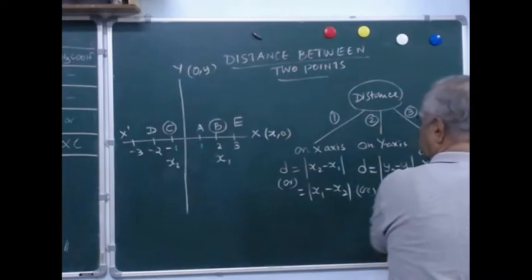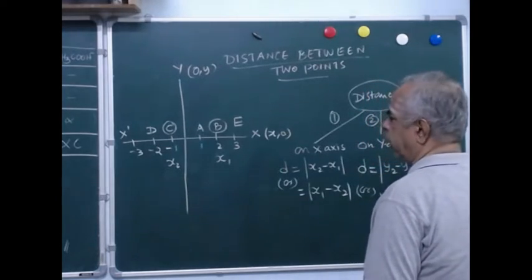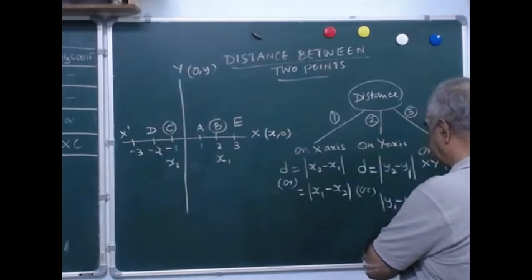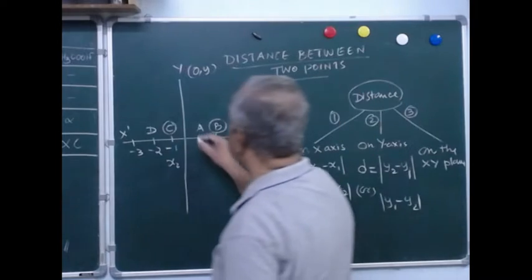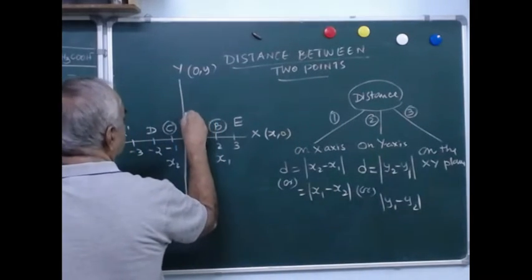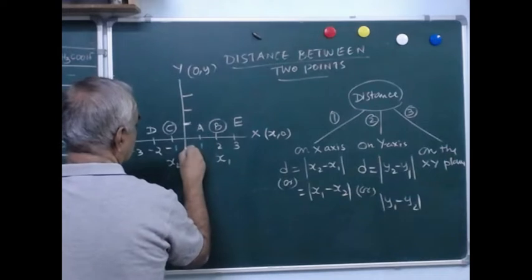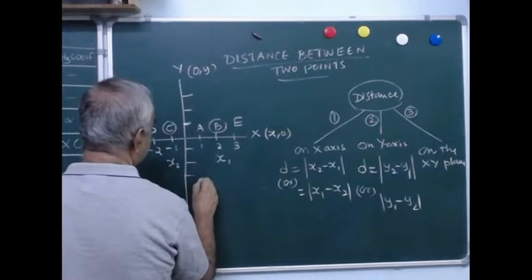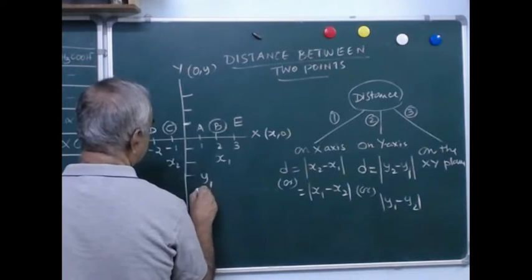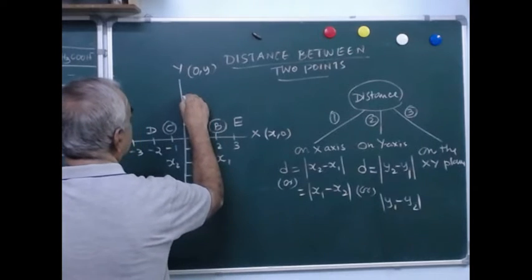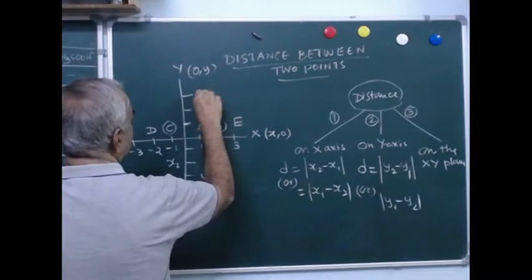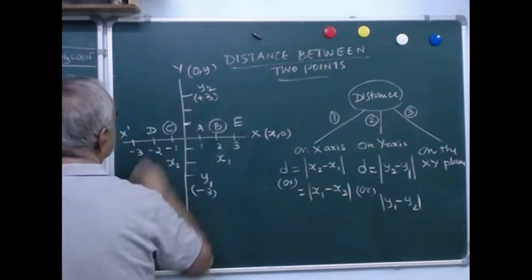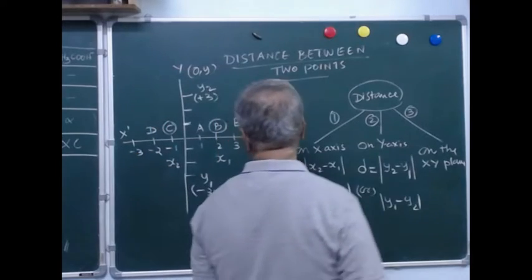Finally, on the xy plane it will be slightly different. I'll explain how to do that. Now let me explain y1 minus y2 or y2 minus y1. Let us consider this is 1, 2, 3, minus 1, minus 2, minus 3. Let me consider this point as y1, that is minus 3, and this is y2, which is plus 3. Now what is the distance between them?